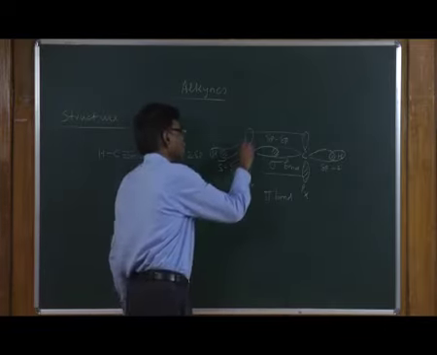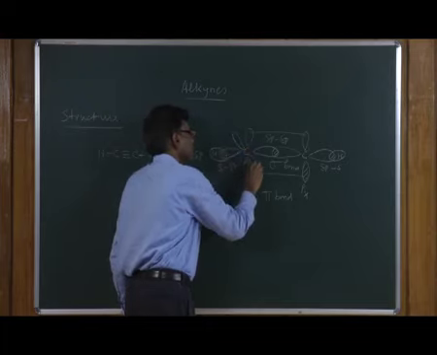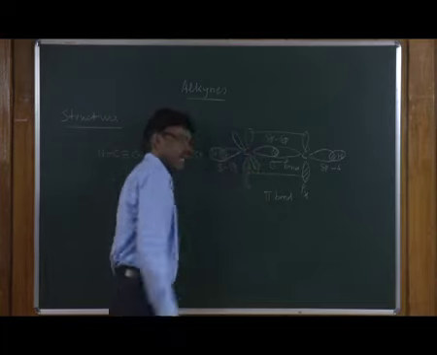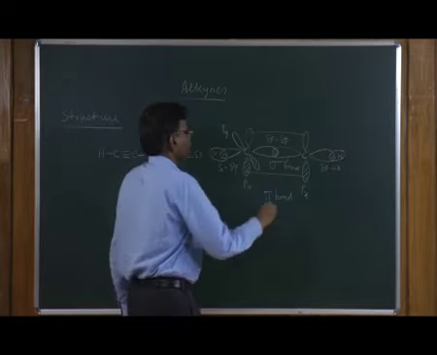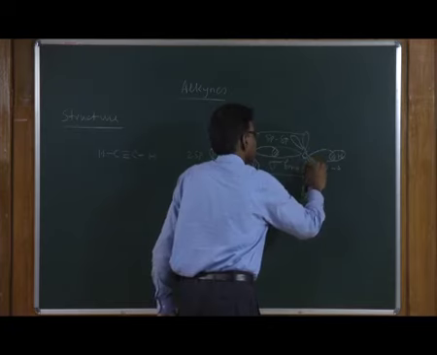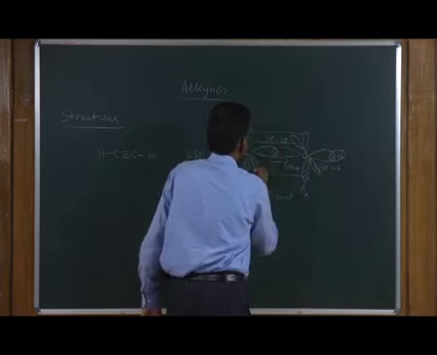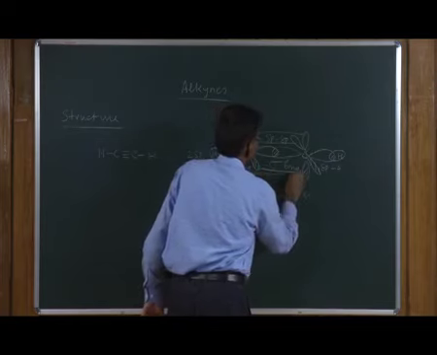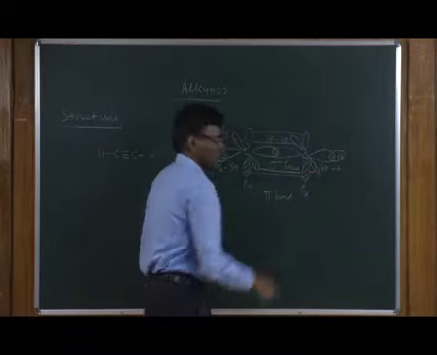Perpendicular to that p orbital you have another p orbital. So, this can overlap with this orbital, and this orbital can overlap with this one.